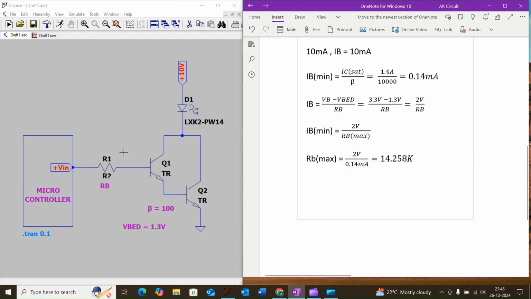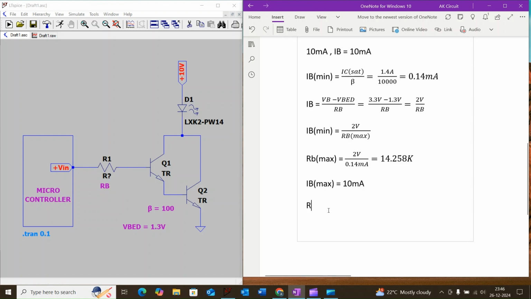As we know, the maximum current which can be supplied from the microcontroller is 10 milliamps. So here we can consider IB max to be 10 milliamps. That means when the base current is maximum, the base resistance will be minimum.